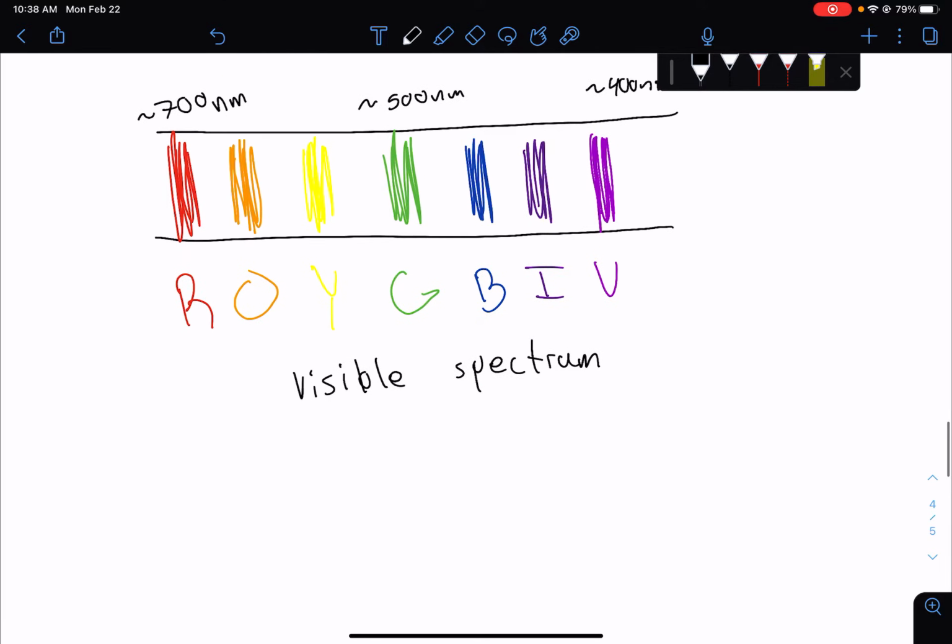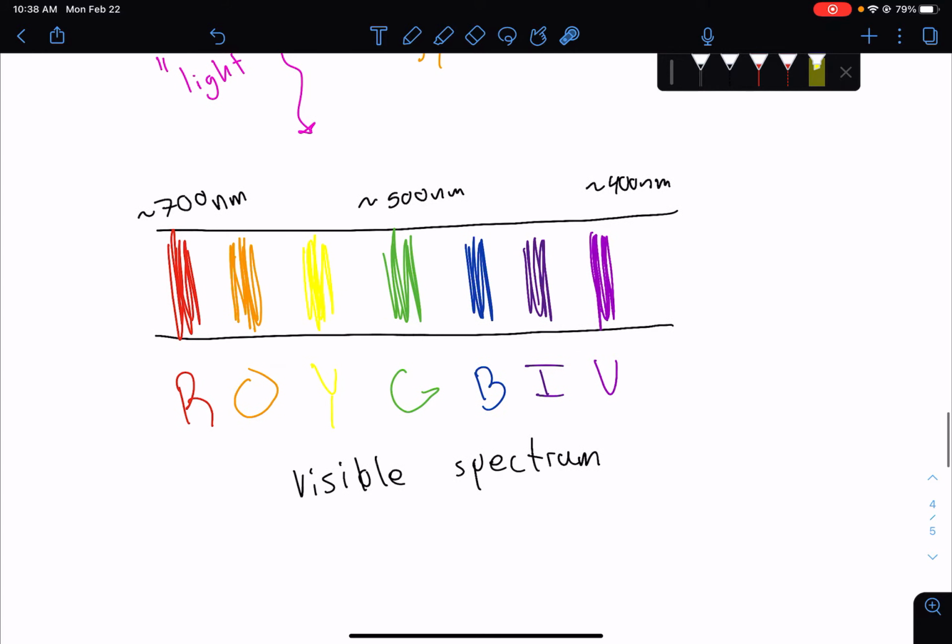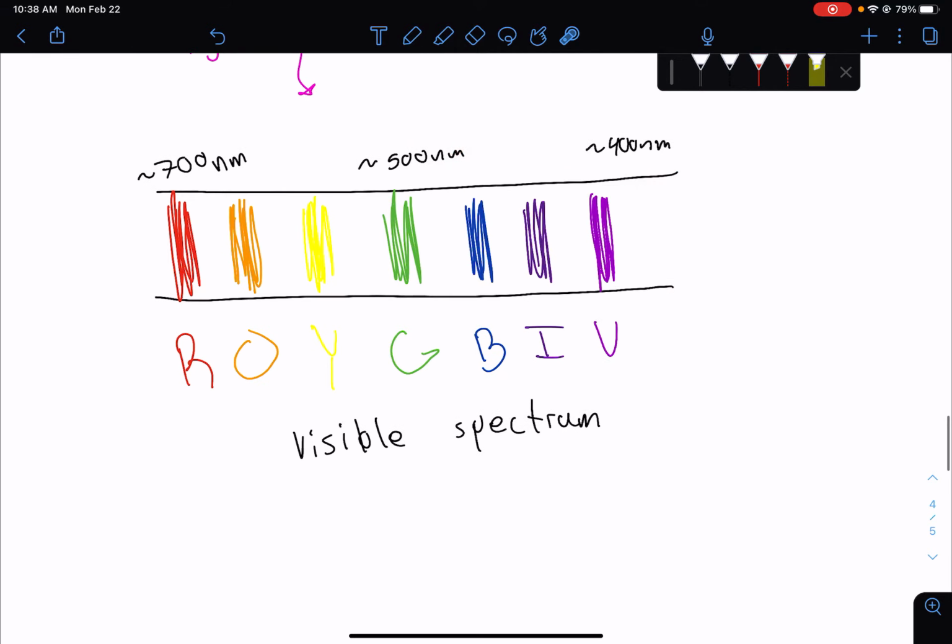And mind you, you've heard of violet. Well, have you heard of ultraviolet? We can't see ultraviolet, but it is over here. It's going to be a shorter wavelength because it's on this side of the electromagnetic spectrum. Conversely, you've heard of red and infrared radiation or energy.